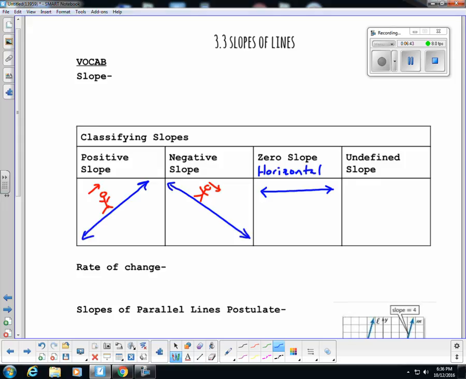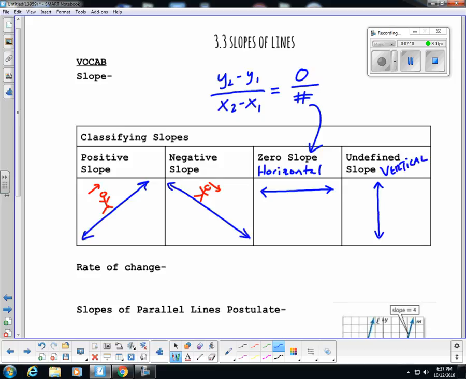Remember, the slope formula is change in y over change in x. If your change in y is 0 and your change in x is some other number, that's going to give you a horizontal line, a slope of 0.